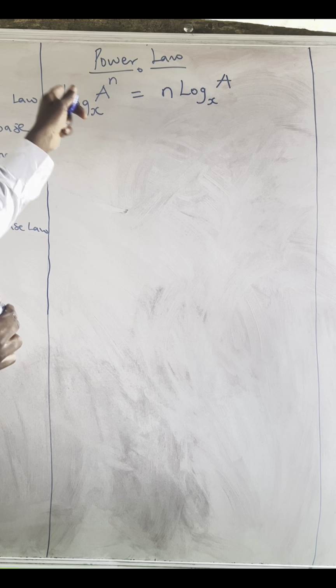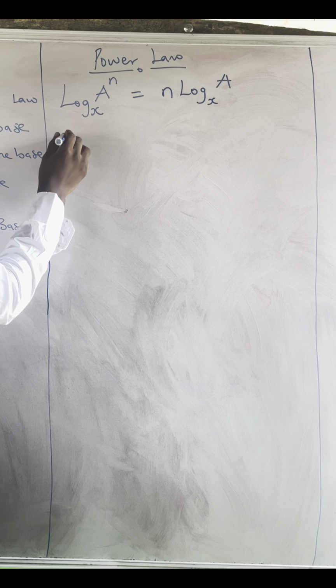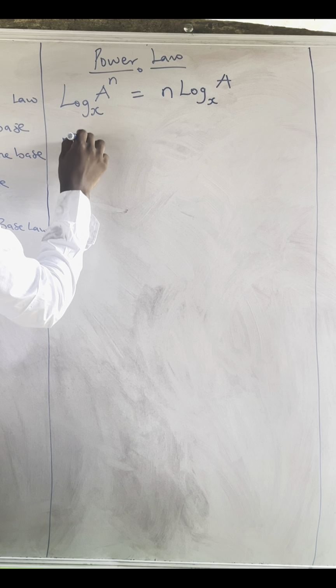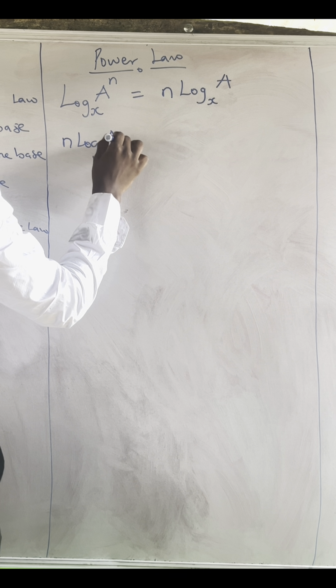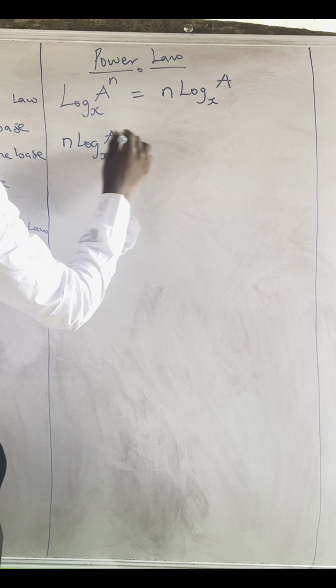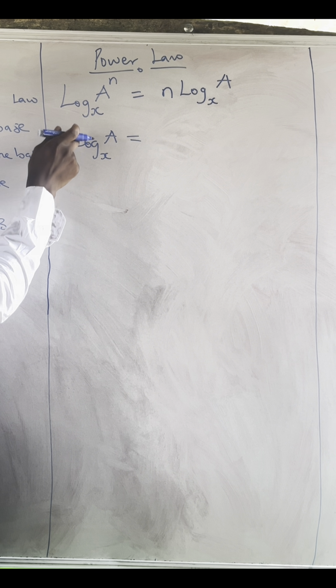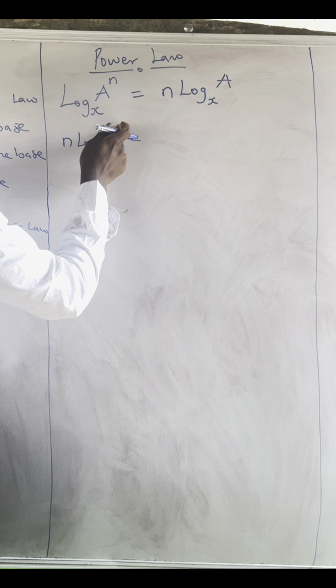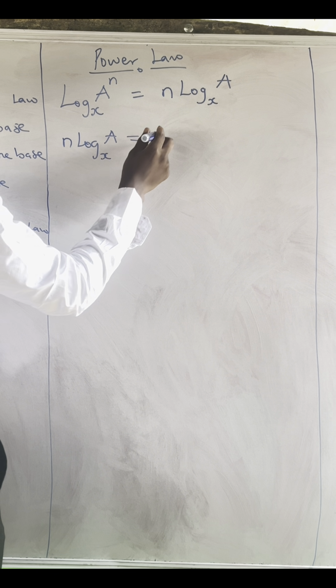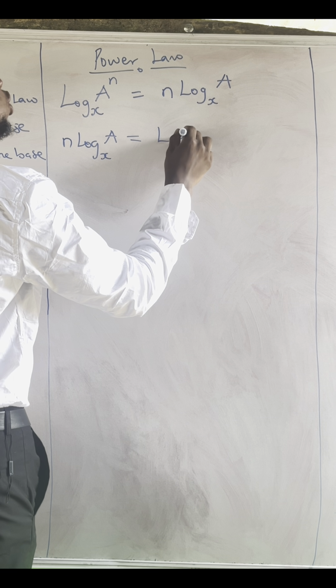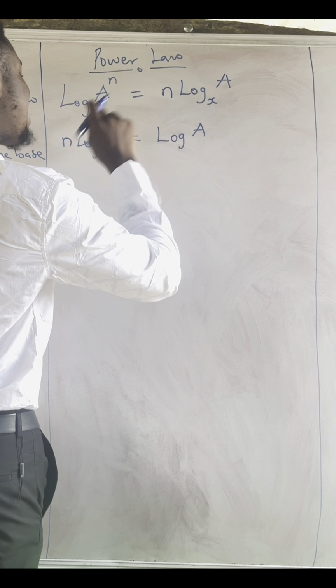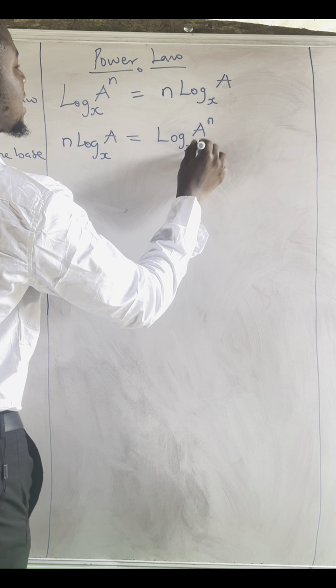Also, if we have n log a base x, this coefficient becomes the power of this number here. So it can also be written as log a raised to the power n base x.